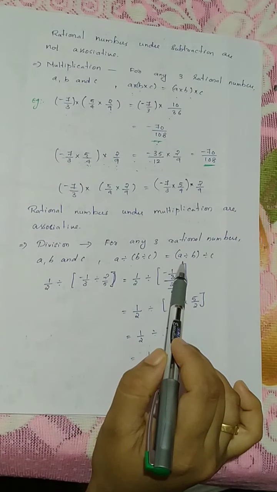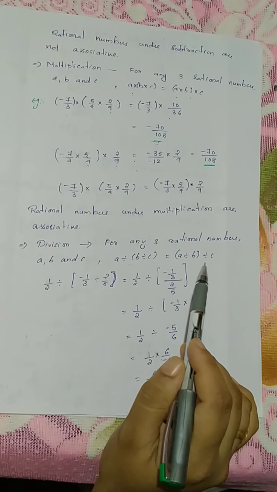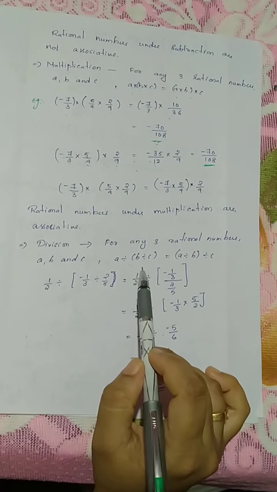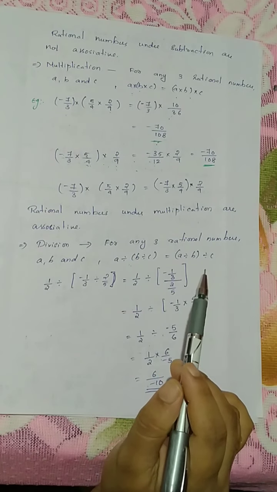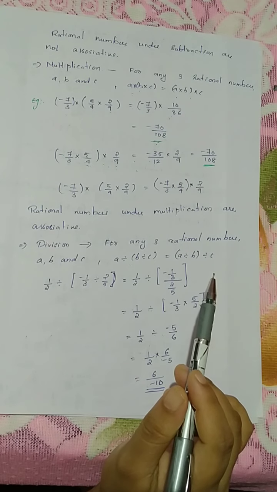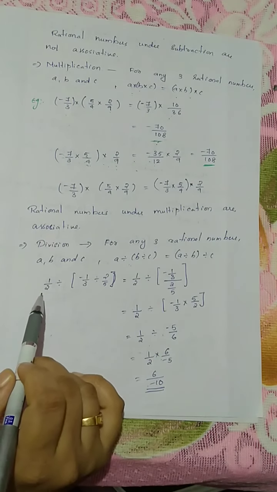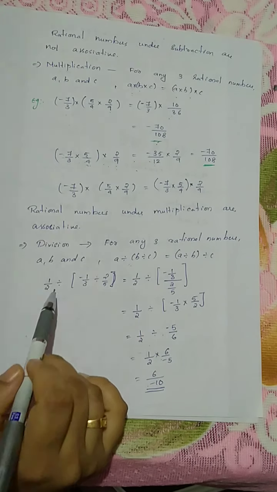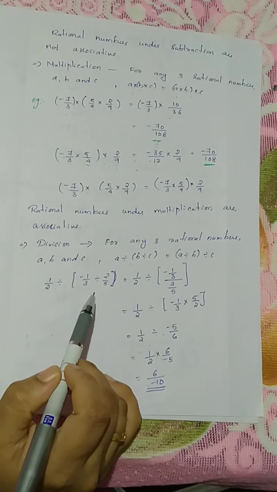We want to show that the left hand side and right hand side are not equal. So we are considering three rational numbers: 1 by 2 divided by minus 1 by 3 divided by 2 by 5.